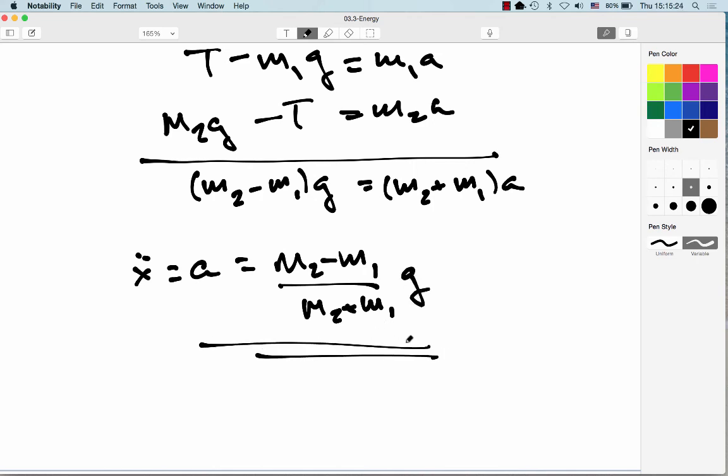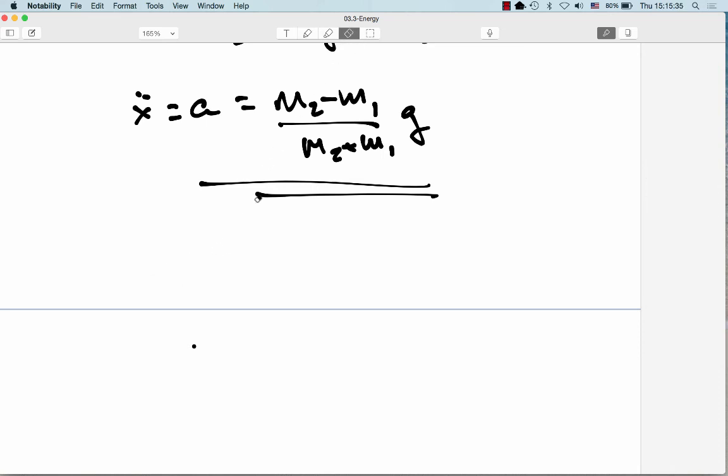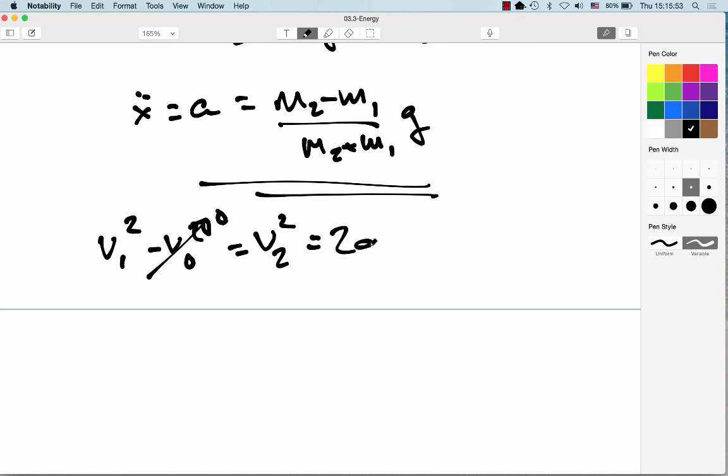All right. And from there, we can go ahead and get our final speed. We can use the missing-t equation from the kinematics that we worked out before. So we get that v1 squared, which is the same as v2 squared, minus v naught squared, which is 0, equals 2ah, and we know what a is.